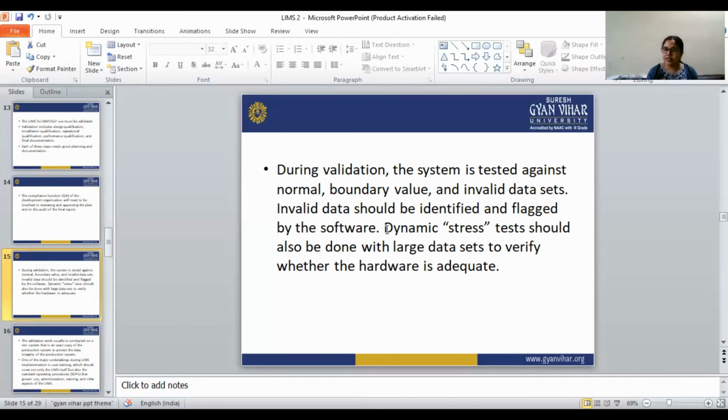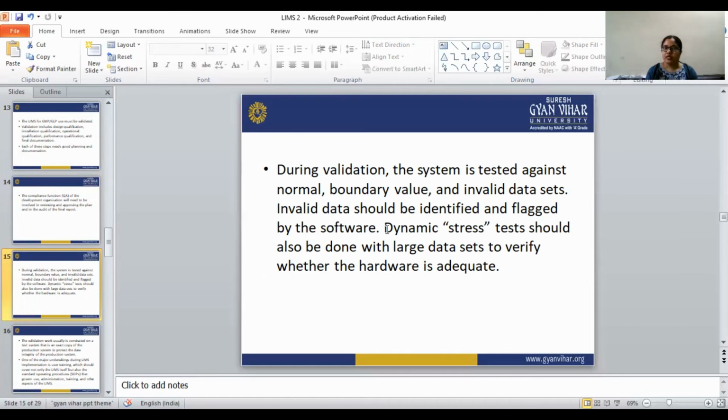Okay, at that time, with that test, the scientist or the vendors can know whether the LIMS is working properly or not, whether the performance of the LIMS is good or not. At that time only they can understand. Dynamic stress test should also be done with large data sets to verify whether the hardware is adequate.